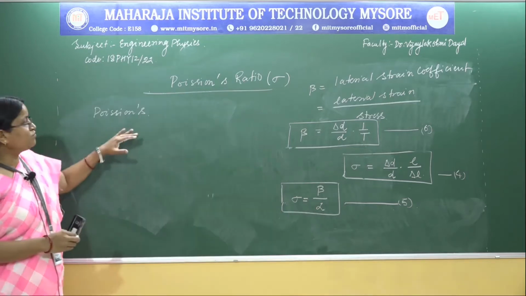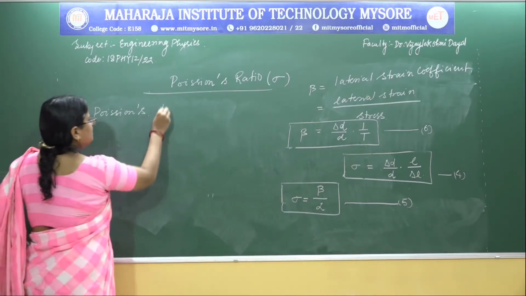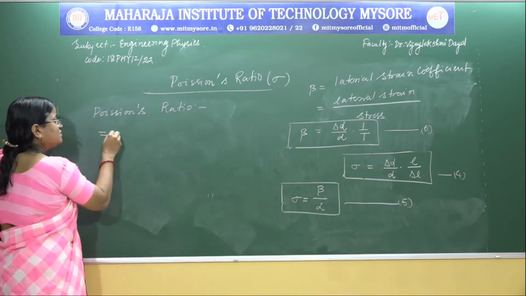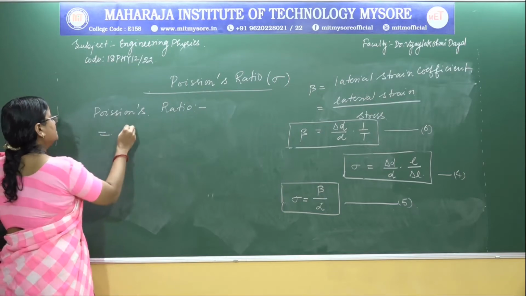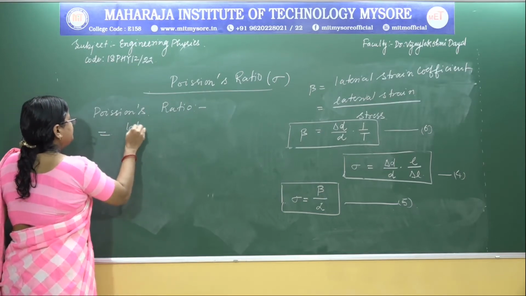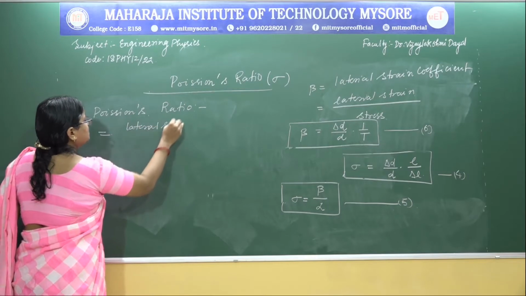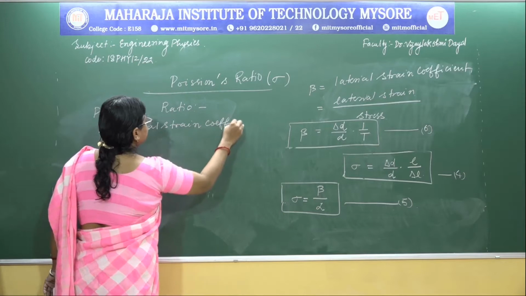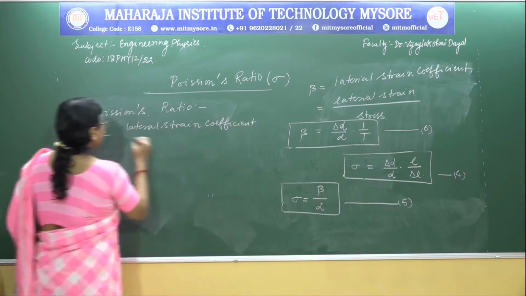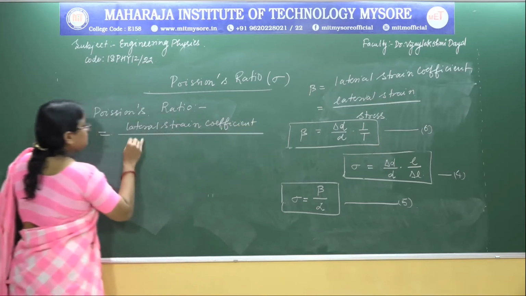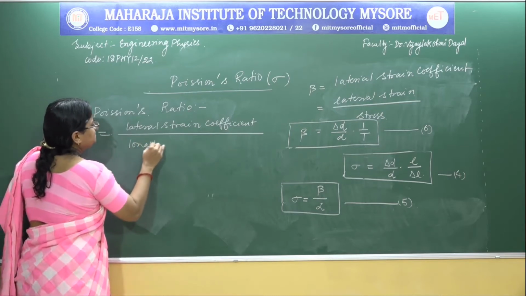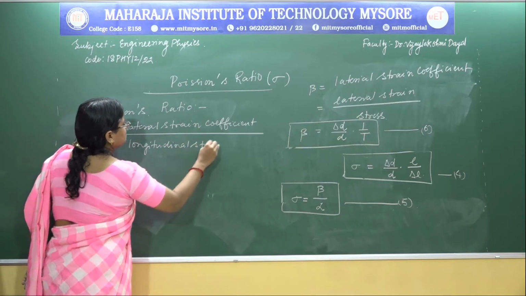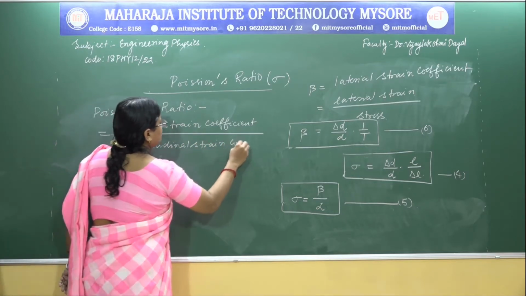So, how do we define the Poisson's ratio then? We define the Poisson's ratio as the ratio of lateral strain coefficient by longitudinal strain coefficient.